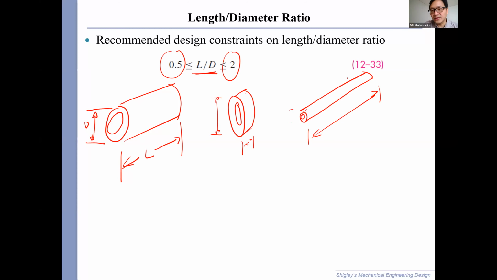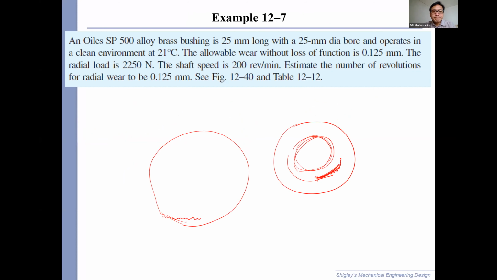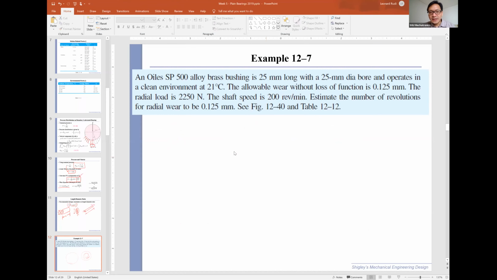Well, that's not twice, obviously, that's much more than the diameter. But let's stay within these recommendations. It's not wrong if you go beyond that, but it's just a rule of thumb, right? Okay, any questions before we proceed to the calculations here?